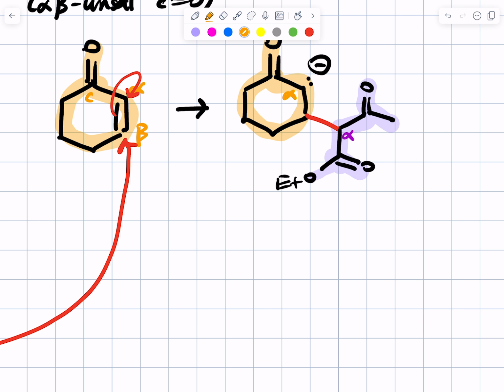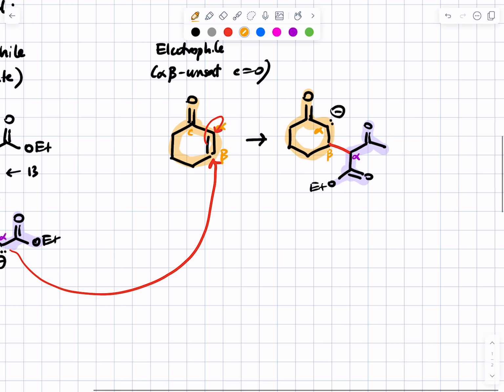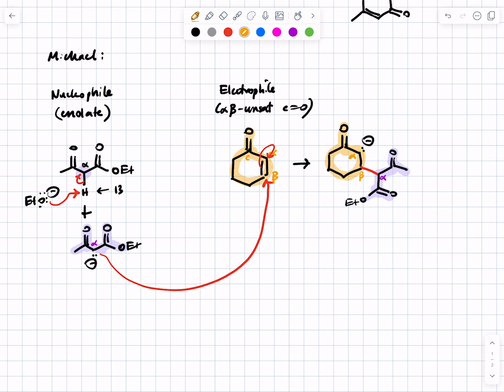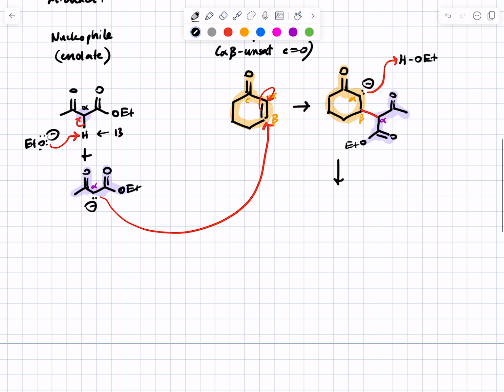And the new bond is formed between the beta carbon of the alpha-beta unsaturated carbonyl compound and the alpha carbon of the enolate. And then in the final step, we pick up a proton from the conjugate acid of our base, which in this case is ethanol, and that gives us the Michael product.